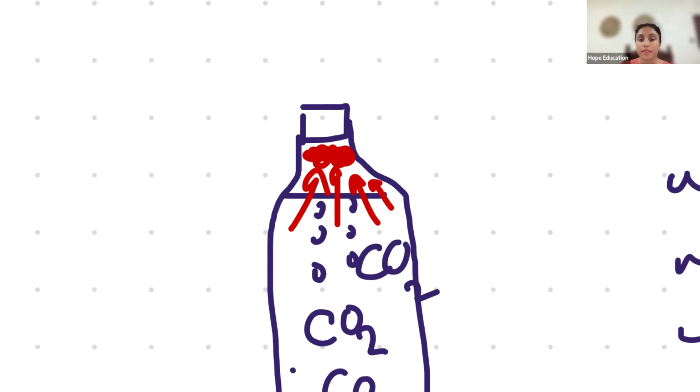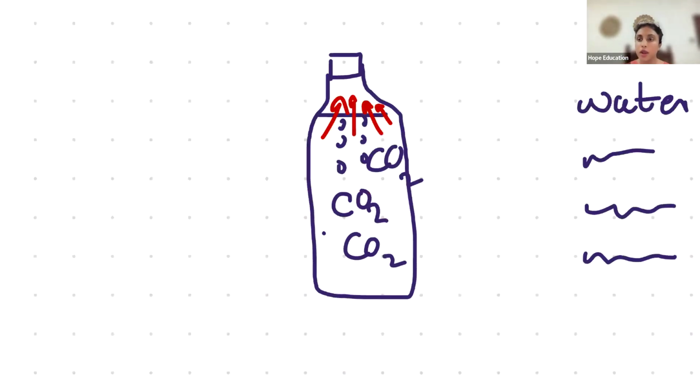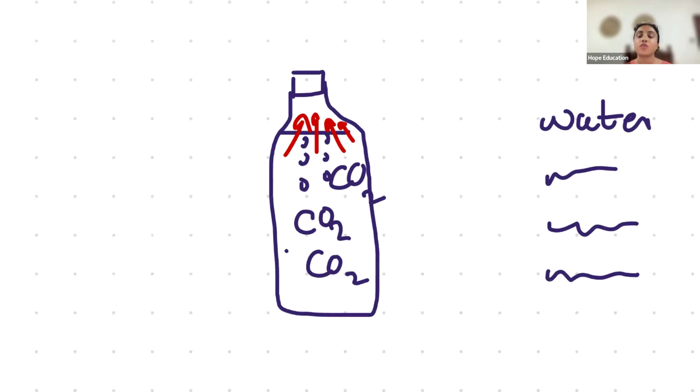So as soon as you open the lid, all the carbon dioxide gas collected here rushes out, because it's a very little space filled with a lot of carbon dioxide. Right? Up to that point, there's nothing very hard to understand. It's based on the normal observations that we know.